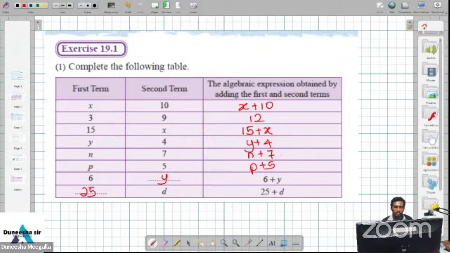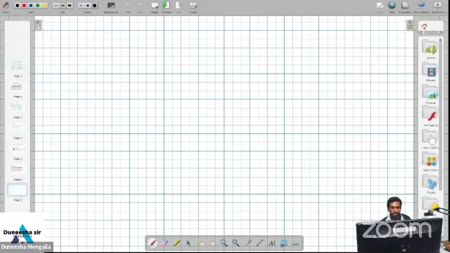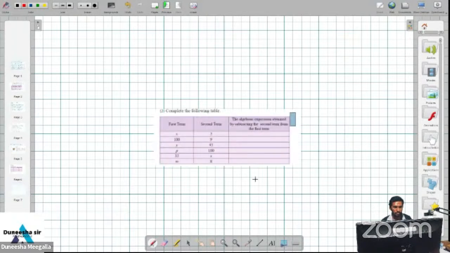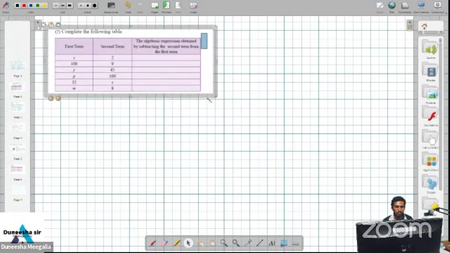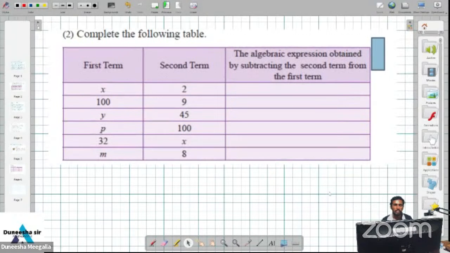Okay. Now we go into the next question. Complete the following table. First term, second term, and the algebraic expression obtained by subtracting the second term from the first term.